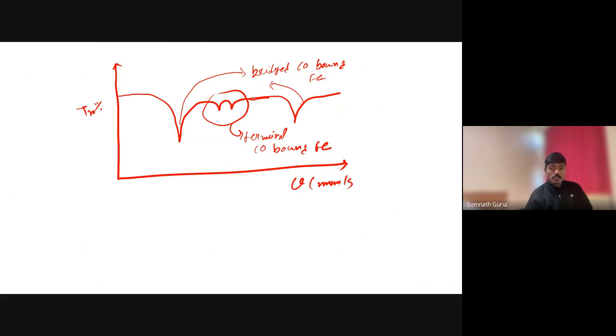Okay, this kind of problem we can solve easily by the Mossbauer spectrum. This is the positive sign of the Mossbauer spectrum.